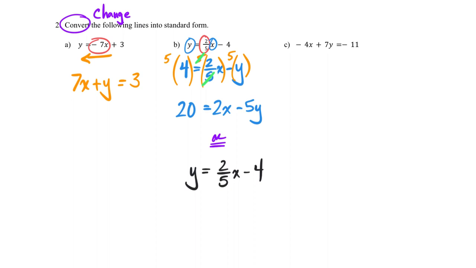Then what I'm going to do is get rid of my divide by multiplying everything by 5. So my first line would now be 5y equals, my 5's divide out, 2x minus 20. Now I would have to say, okay, I cured the fraction problem, but my variables are on both sides.